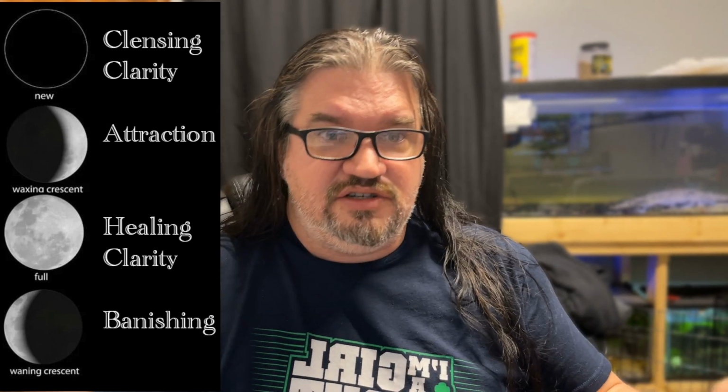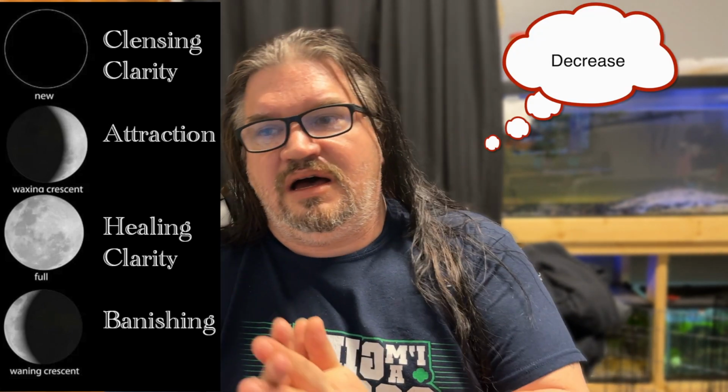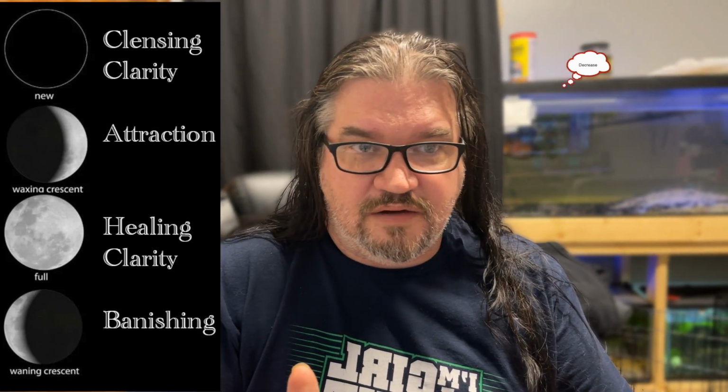You want to look at winter as the new moon, and as spring comes along, you want to start casting spells of increase. Then summer is big change, a lot of power, same as the full moon, and then fall is decrease, same as the last quarter of the moon.